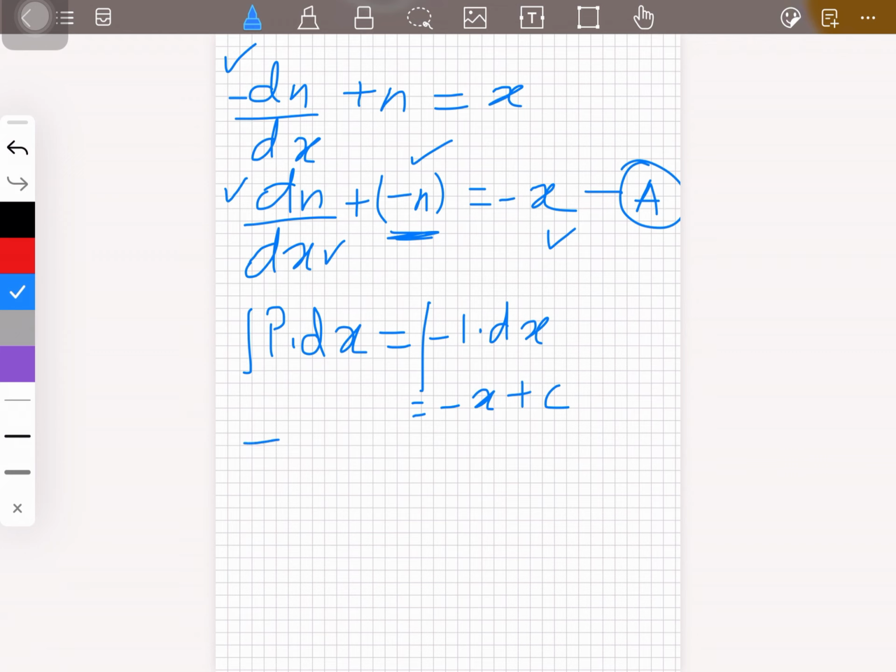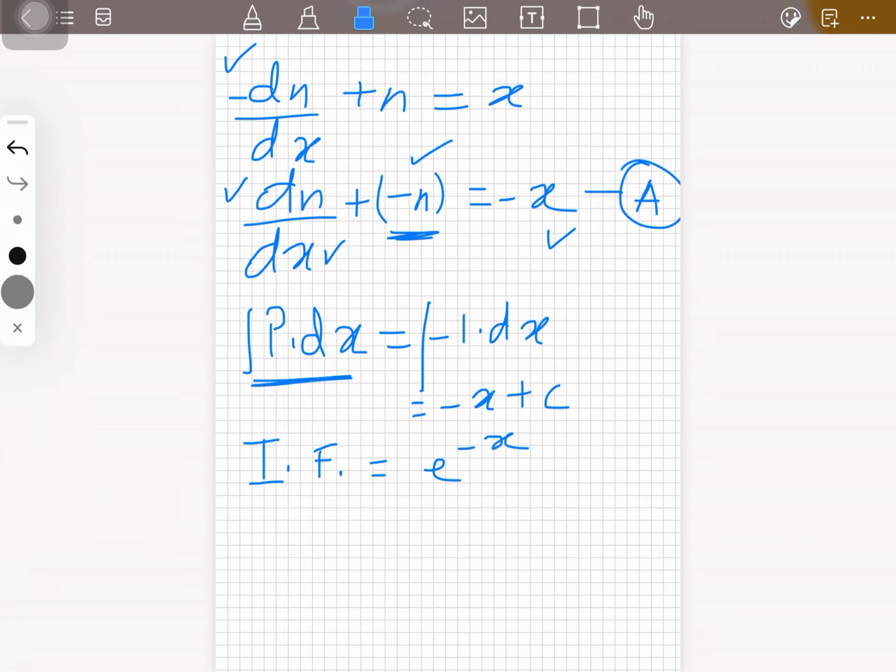And finally the integrating factor is e to the power integration of p dx, so that is e to the power minus x. You don't need to mention the constant c over here, because at the end we are going to write it. So you can just write it as e to the power minus x. So this is the integrating factor.